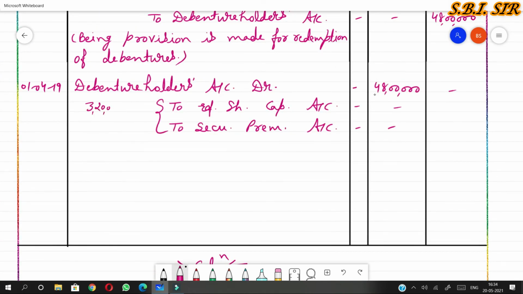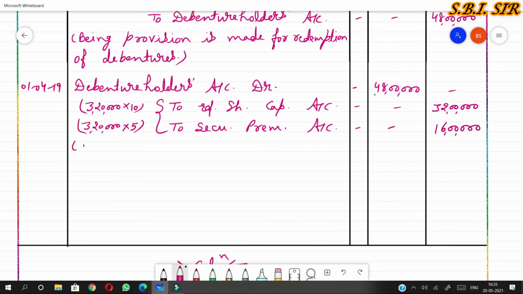Then 3,20,000 multiplied by 10 will be transferred to equity share capital account, meaning 32 lakh, and 3,20,000 multiplied by 5 transferred to securities premium account, meaning 16 lakh.